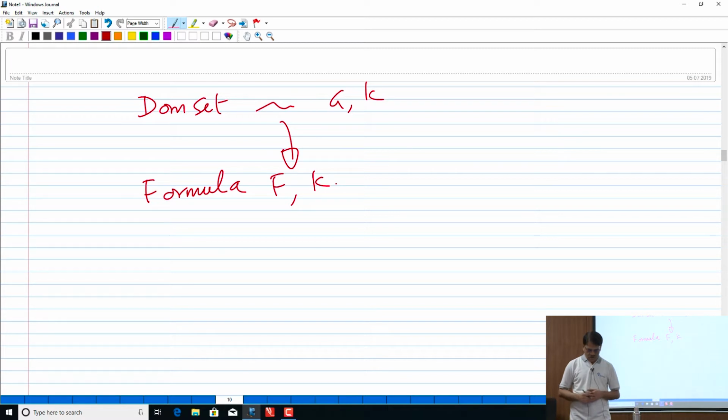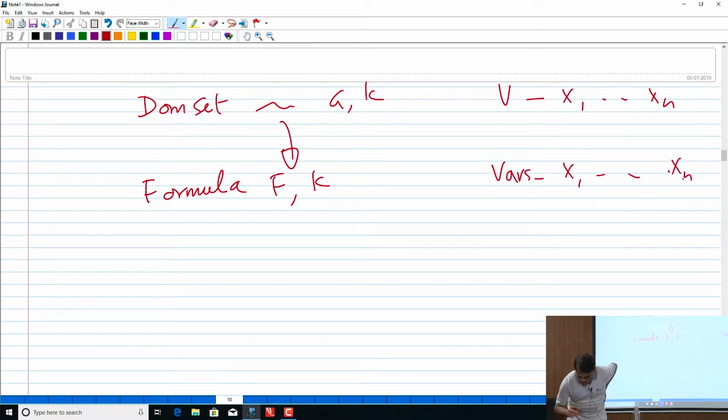So, let us write what it is I want in a dominating set. Naturally, what are the variables? You can think of the vertices becoming variables. You had some vertex set V here, V1, V2, Vn, and my variable set would be x1, x2, xn.